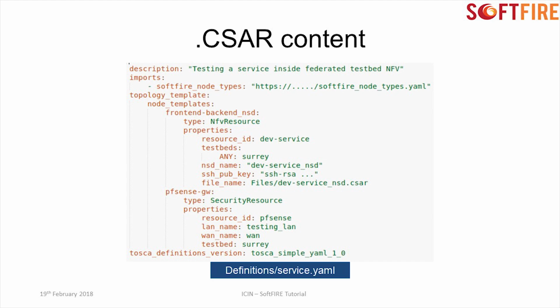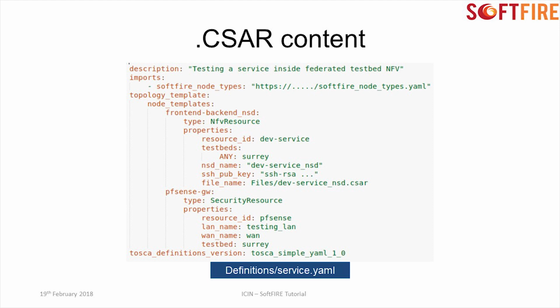Here we have the experiment definition. The important property is the topology template. We can see all the node templates required by our experiment.